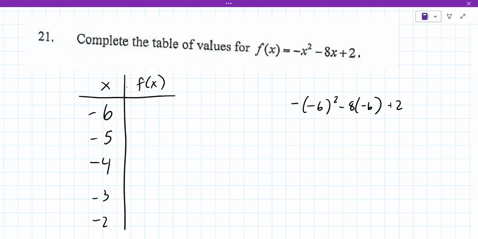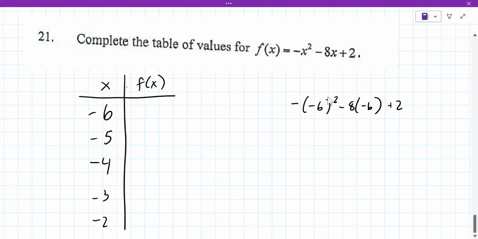So it would be -36 minus... oh wait. No. That would be 10.